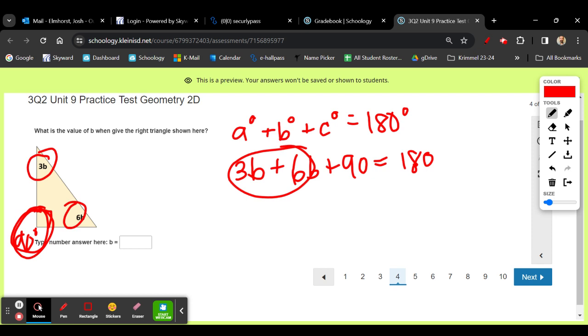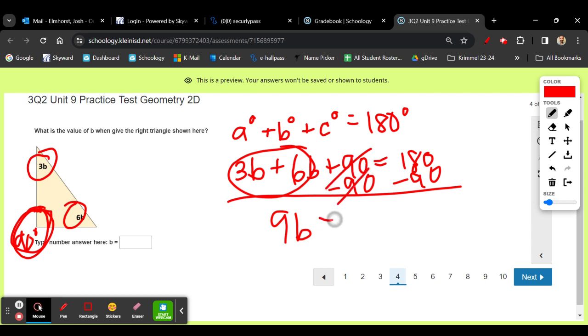These are all the same letters. They can go together. So we got 9B. We can subtract 90 from both sides. 9B equals 90. We're going to divide both sides by 9. So B equals 10.